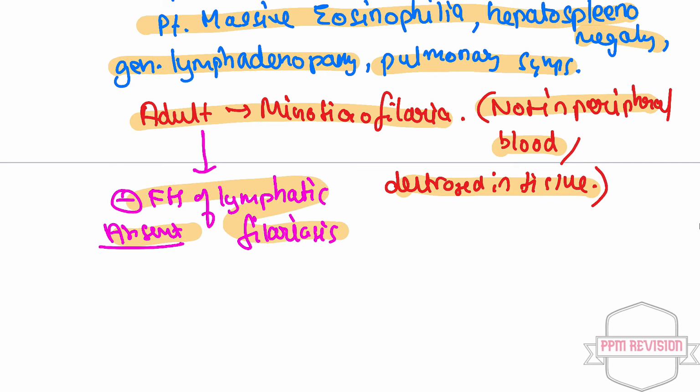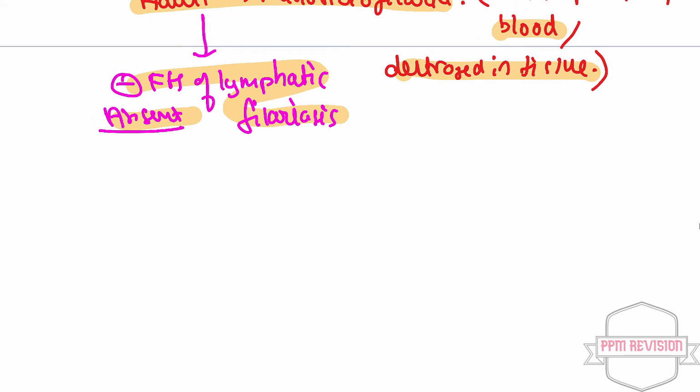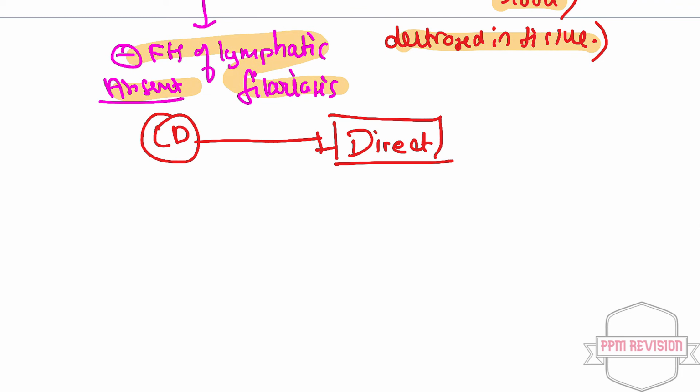Now looking at the laboratory diagnosis. I'm just looking at the headings, that is the laboratory diagnosis. Under this, looking at the direct evidence. This is by just looking into the microscope and checking its structure.